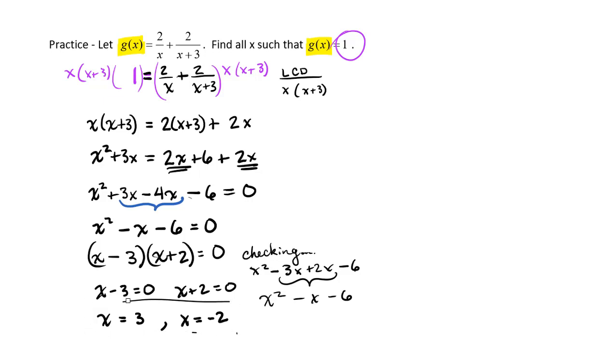So if I substitute 3 into this equation up here, I will not get any vertical asymptotes or undefined denominators. So x equals 3 is a good solution. And x equals negative 2: if I substitute negative 2 into either of these denominators, x equals negative 2 works as well.